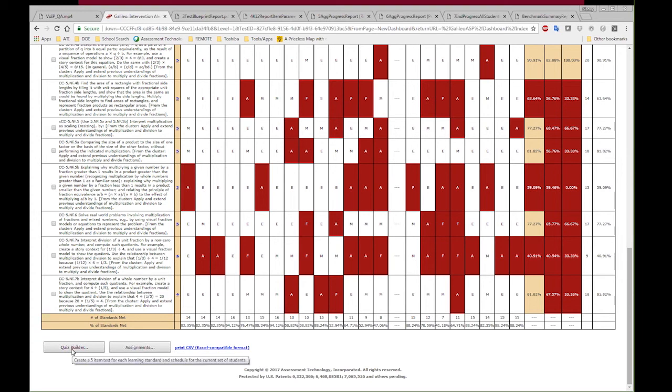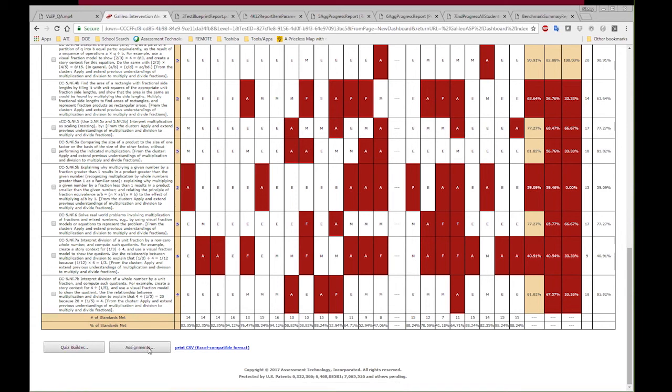I can generate a quiz, a 5-question quiz aligned to that standard, or if I had chosen a standard that had only 2 questions and I thought, you know what, that wasn't really enough in my expert teaching opinion to really demonstrate mastery, I'm going to generate a 5-question quiz for that standard to see if maybe they didn't have enough opportunity to demonstrate the mastery that I have given them through my fabulous instruction.